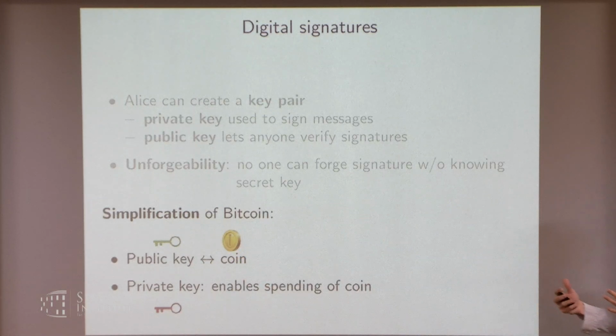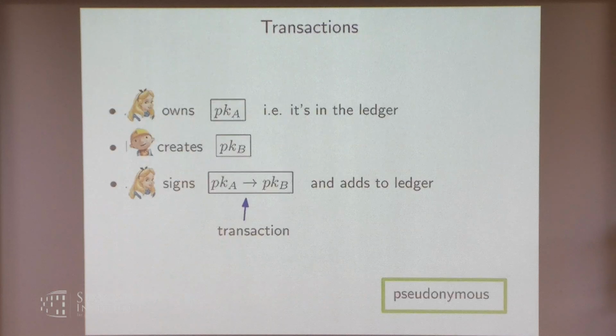of a digital signature scheme. And whoever owns the private key that goes with it owns this coin. So that's the definition of owning a coin, knowing the private key associated to it. So Alice owns this public key PKA if it's in the ledger.